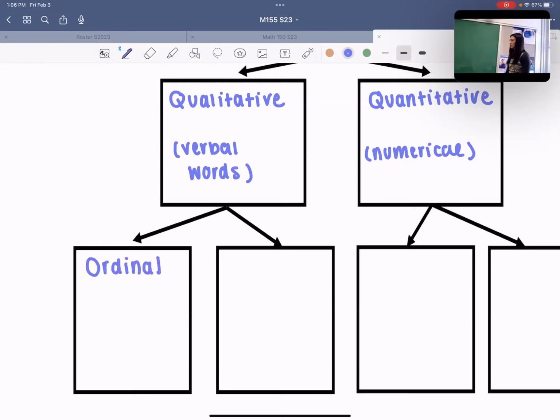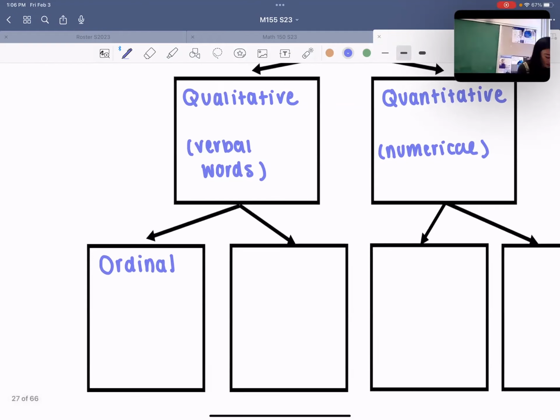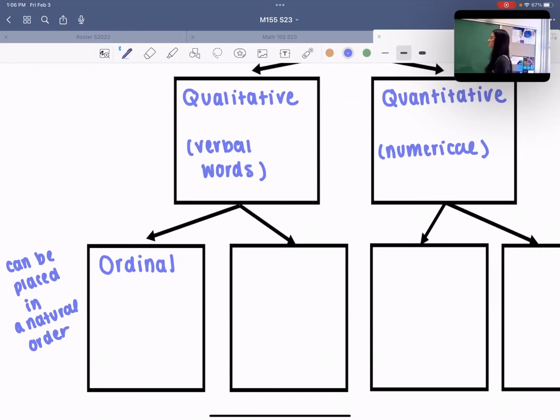And ordinal data represents data that can be put in some sort of natural order, okay? So let me write that out. Can be placed in a natural order. Okay, so there's some way we can say something is less than or smaller than or greater than the other.